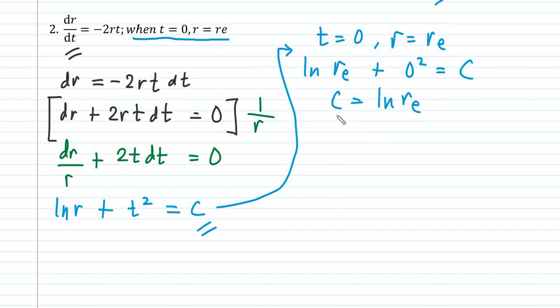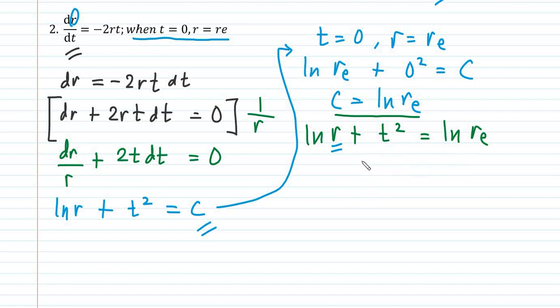Let's go ahead and substitute this to our general solution. So we have ln r plus t squared is equal to ln of r sub e. So remember that in our particular solution, we want to solve for r because that r is our dependent variable. So we want to make this as a function of t. Okay?